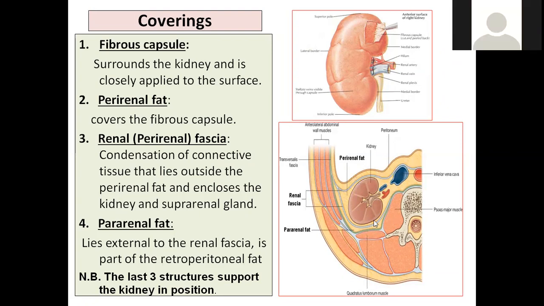The posterior layer is seen behind. It is merging with which fascia? Psoas major, and then quadratus lumborum. It merges with the fascia of psoas major and then what is this structure, Lokesh? Identify.